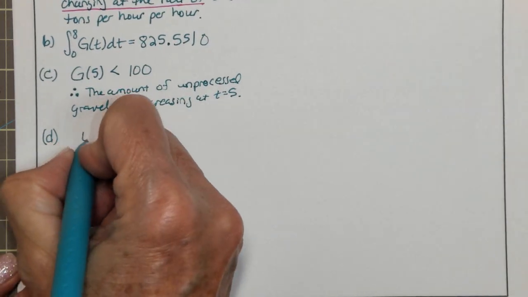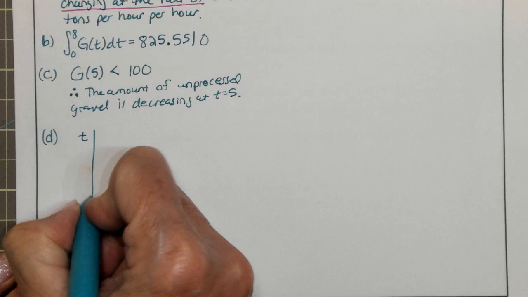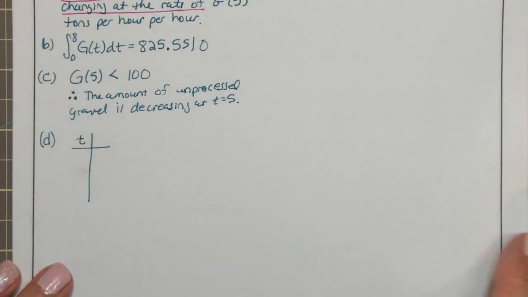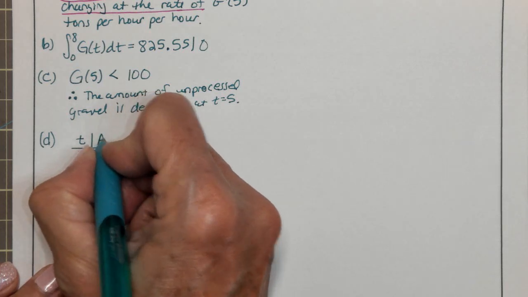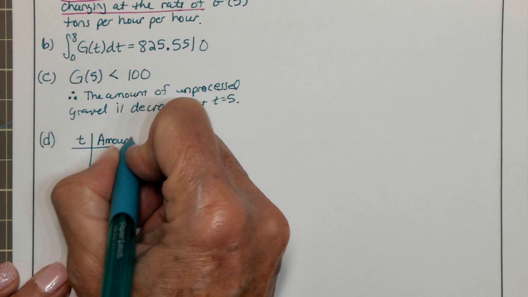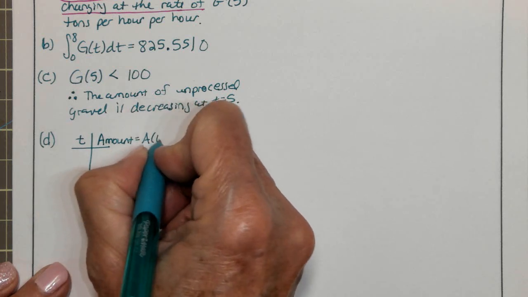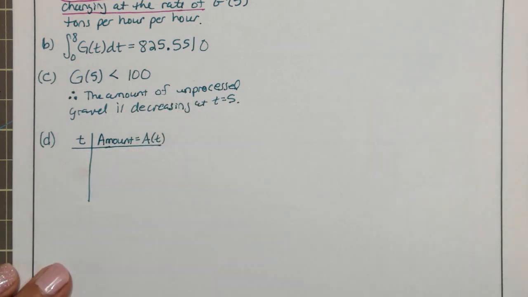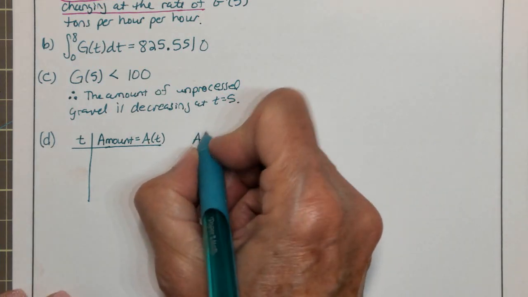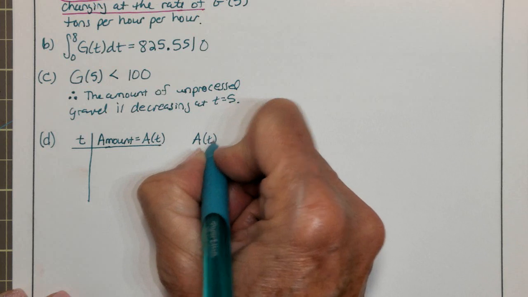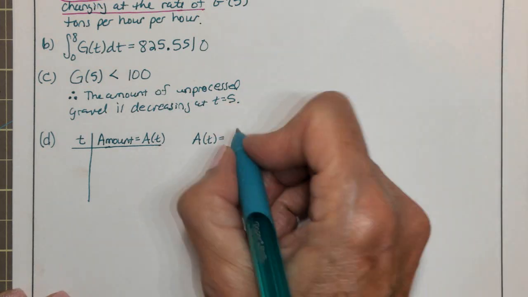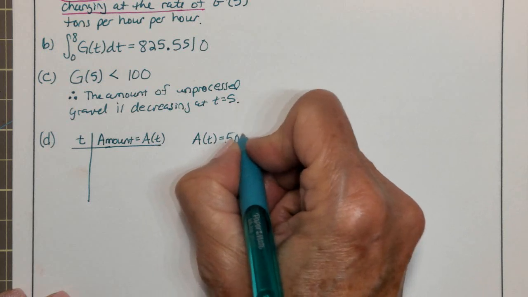Okay. My independent variable is T for time. I am finding the amount of gravel. I think I'm going to call that A of T. And I know that the amount is equal to the initial amount, which was 500.